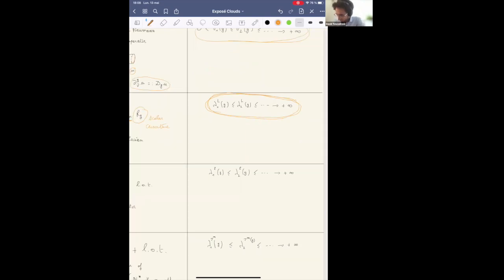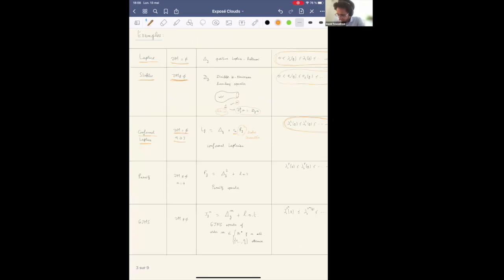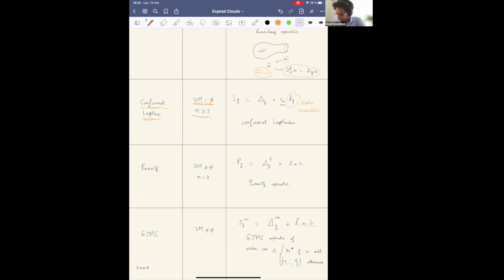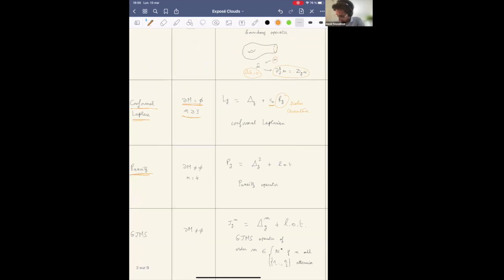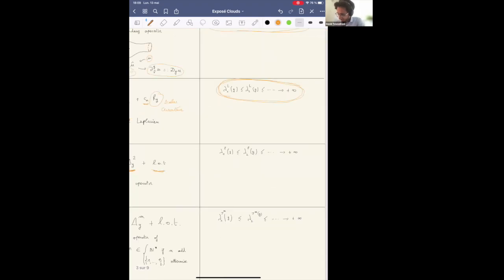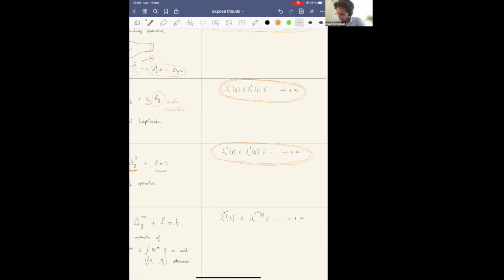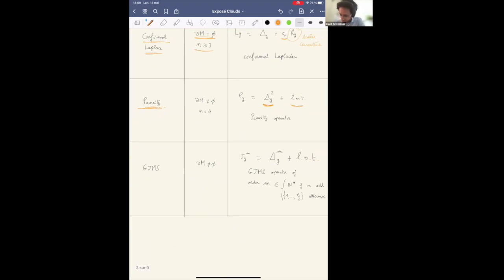And so the two last examples are the Paneitz spectrum. The Paneitz spectrum is obtained from the Paneitz operator, which is a perturbation of the Laplacian by lower order terms, and in this case, the spectrum may also admit negative values.